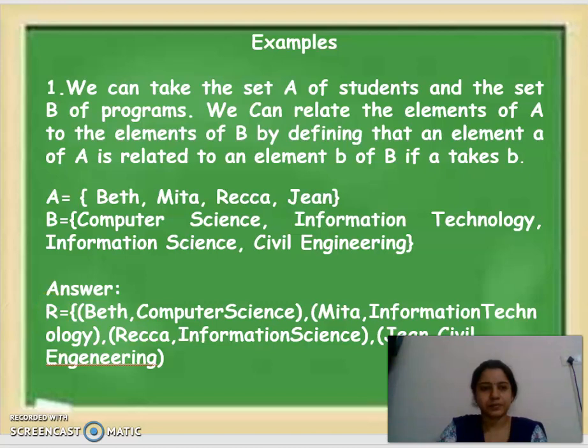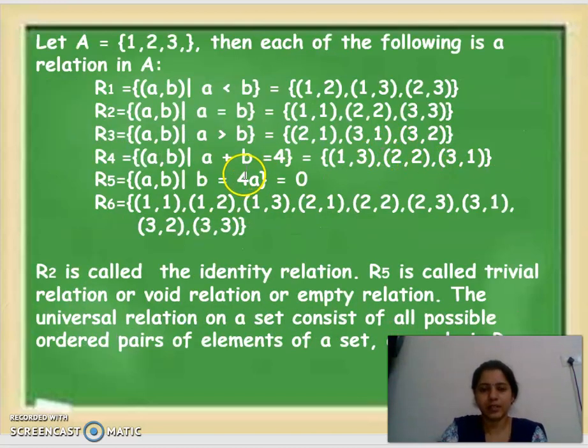In another example, A is a set. Here we have only one set, unlike the previous example with two sets, and that is A, which contains the elements 1, 2, 3.